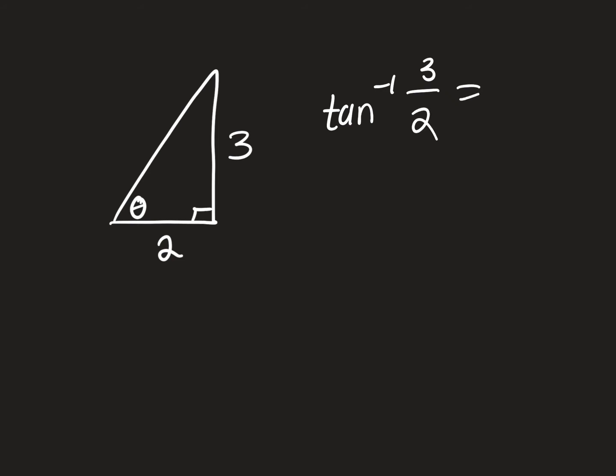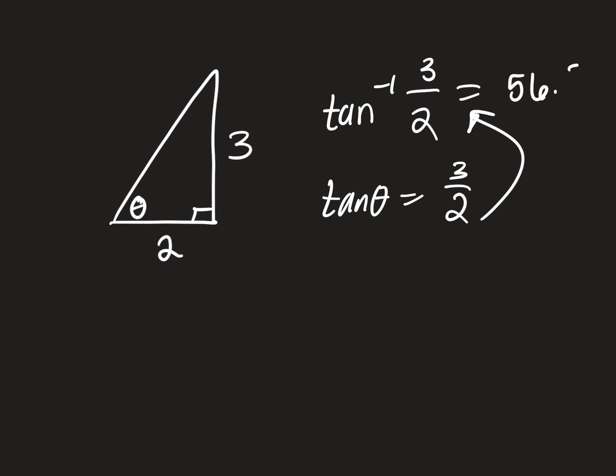Why didn't you do the tangent theta on that one? I mean, technically, that's your first step. And then you plug that in the calculator. Why do you use the -1? Because you're finding the angle measure. So 56.3 degrees for number 14.